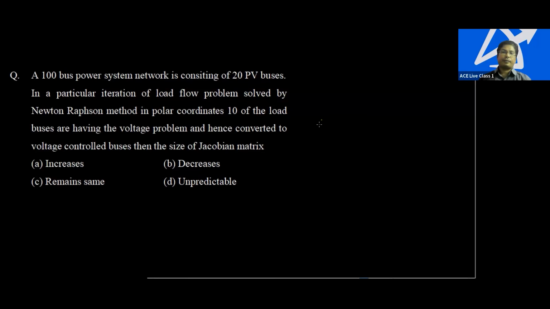See, load buses are converted into PV buses. PQ buses are converted into PV buses. When PQ buses are converted into PV buses, the voltage will become a known quantity. When voltage becomes known, the size of the Jacobian will reduce.